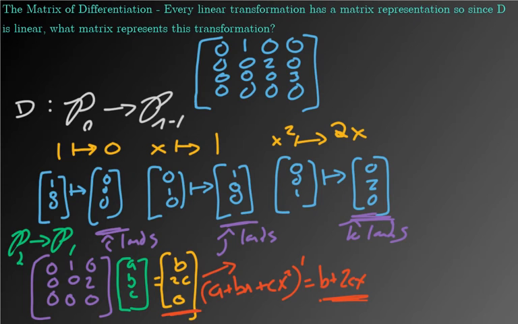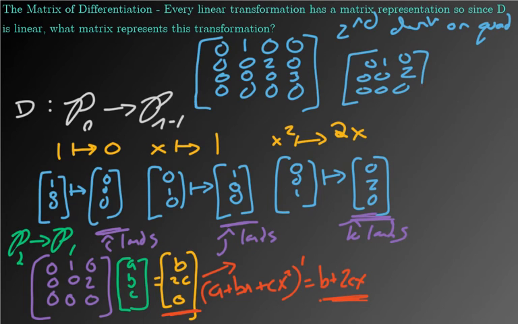You can also do things like the second derivative. So that's kind of neat. Say we wanted to take the second derivative on a quadratic. You can literally just take 0, 1, 0, 0, 0, 2, 0, 0, 0, and you can square it, and then you can test it.